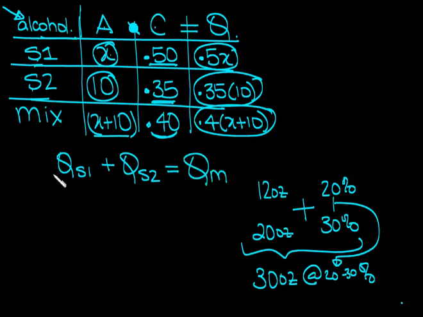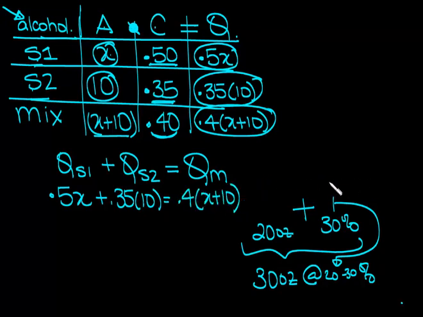It should, because if you're mixing the amount of alcohol in each solution, that should give us the total alcohol in the mixture. So we get 0.5x plus 0.35 times 10 is equal to 0.4 times (x plus 10).